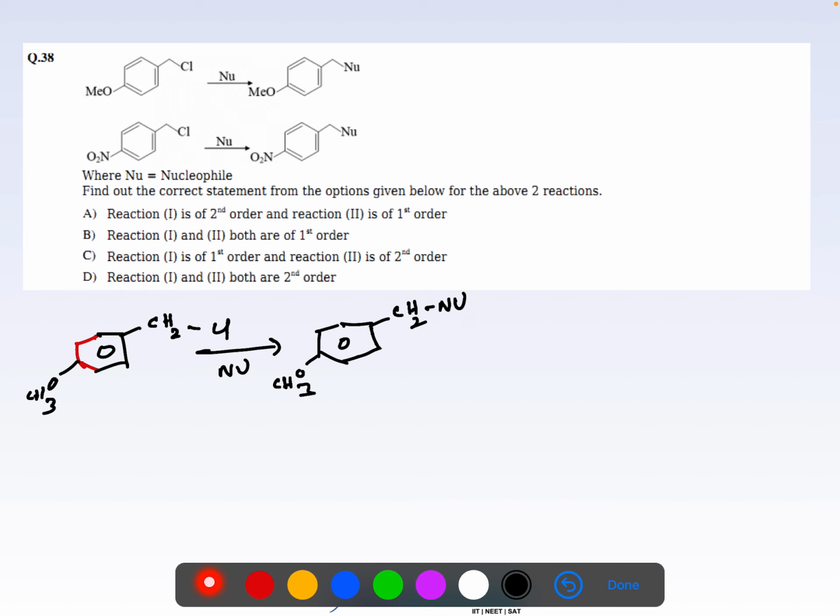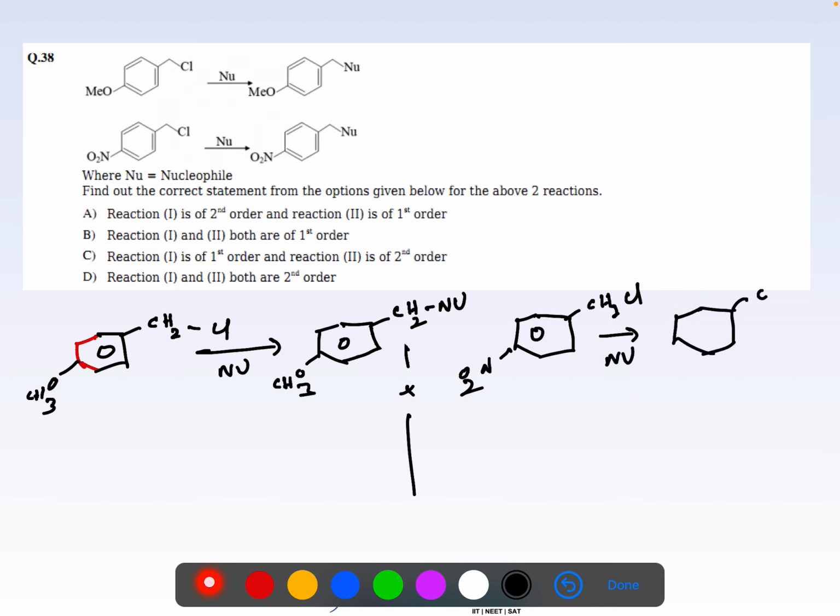And similarly, in another reaction we have a nitro substituted compound, NO2 C6H4 CH2Cl, and it is also reacting with Nu to give NO2 C6H4 CH2Nu.